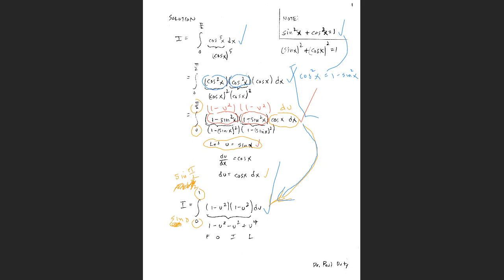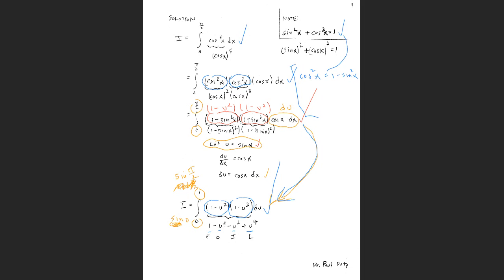Well, so we have 1 minus u squared times 1 minus u squared. If we FOIL that out, we get 1 minus 2u squared plus u to the 4th.